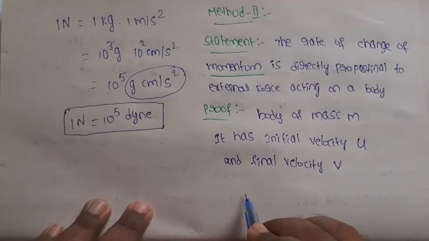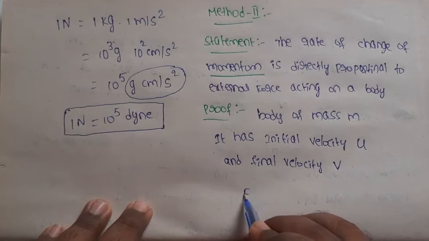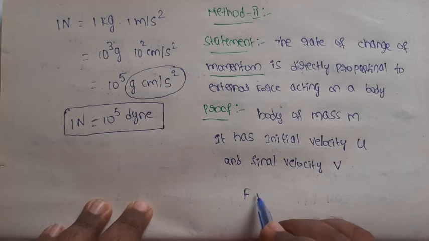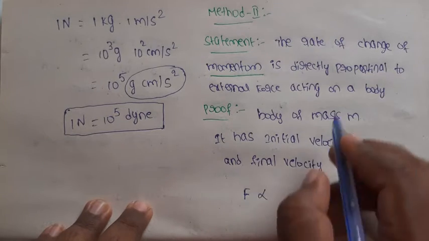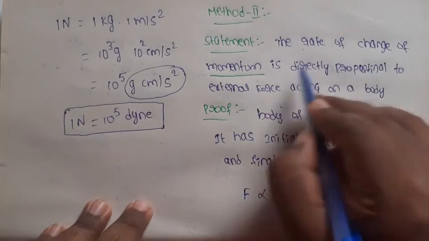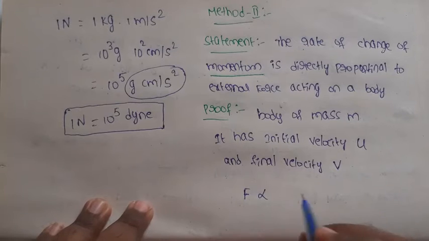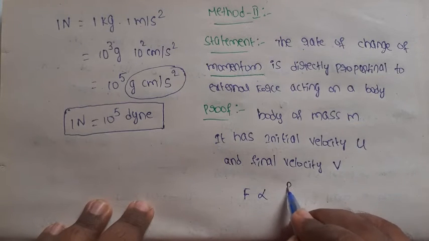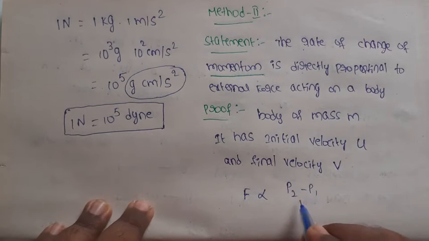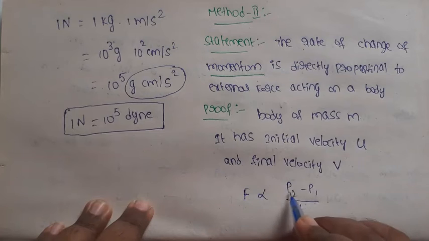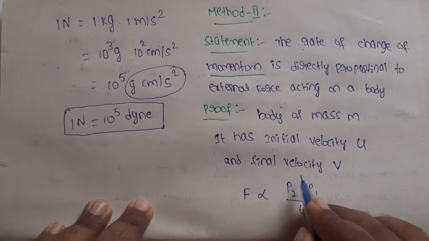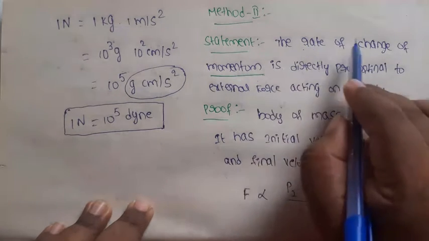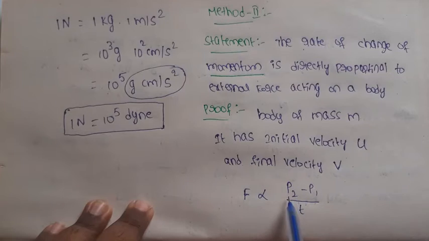If you are applying force, the force acting on a body is directly proportional to rate of change of momentum. Rate of change of momentum means P2 minus P1 by t. P2 minus P1 is change in momentum with respect to time.